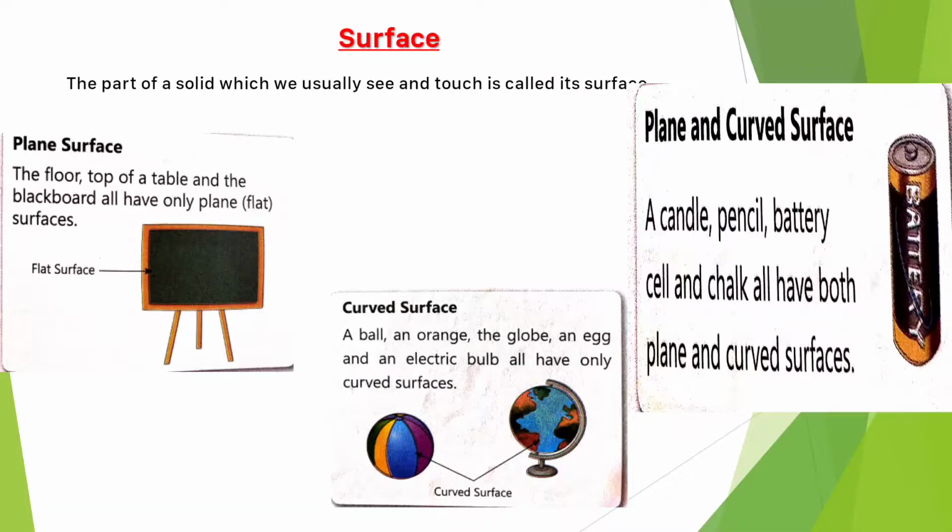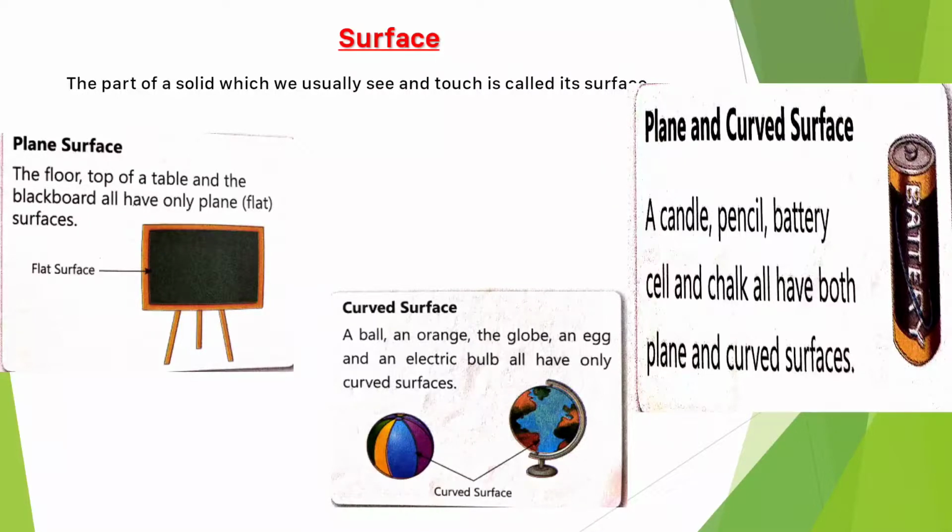So first one is the plane surface. We can see the plane surface in blackboard, table, floor, etc. The floor, top of table and the blackboard all have only plane surface. So this is the plane or flat surface. And the second one is the curved surface.